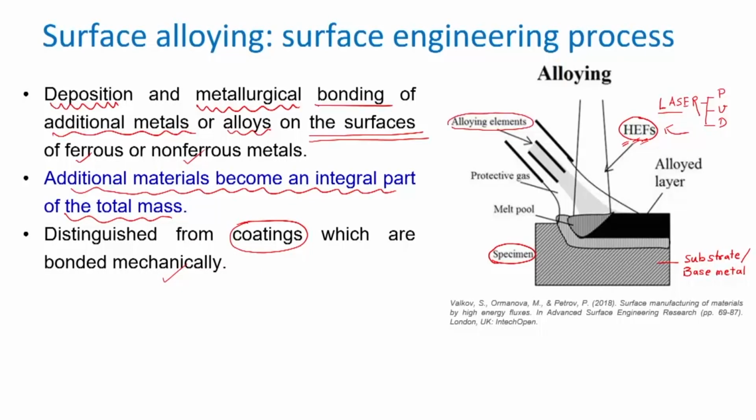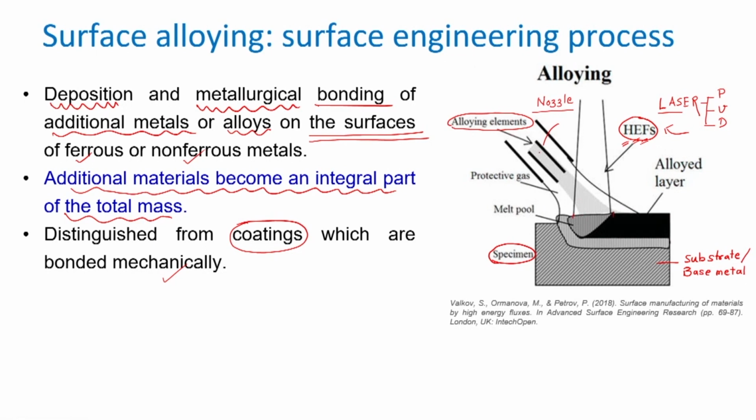So, here you can see how to apply the alloying element. To apply the alloying element, we should have a certain arrangement, and that arrangement is called a nozzle. So, this is the nozzle, and through this nozzle we are applying the alloying element at the site of application, at the place of application of the laser beam.